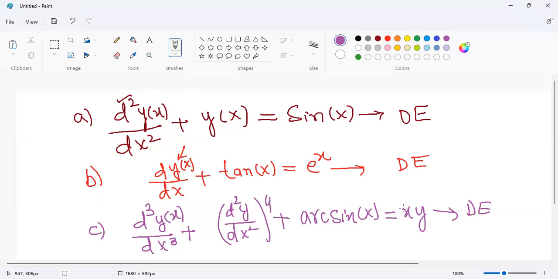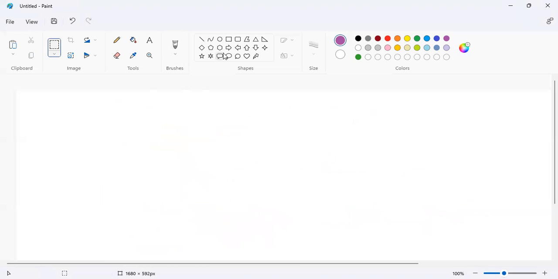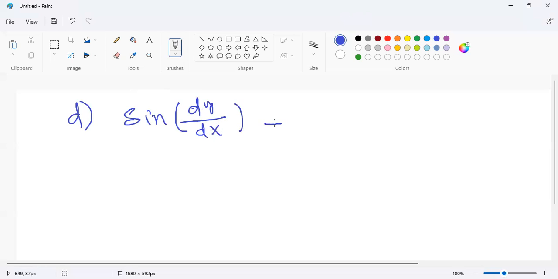You can see some more interesting examples as well. Let's say one can write this example where sine of dy by dx plus, let's say, e power x equal to ln of y, natural log of y.